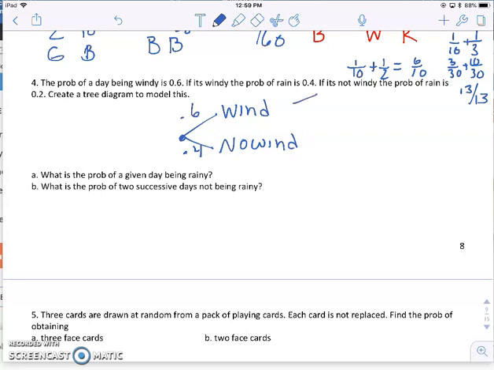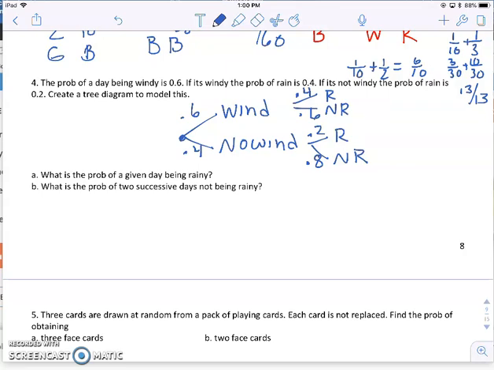And then we have rain, no rain, rain, no rain. If it is not windy, the probability of rain is 0.2, so this would be 0.2, which means down here is 0.8. If it is windy, the probability of rain is 0.4, so we have 0.4 and 0.6.